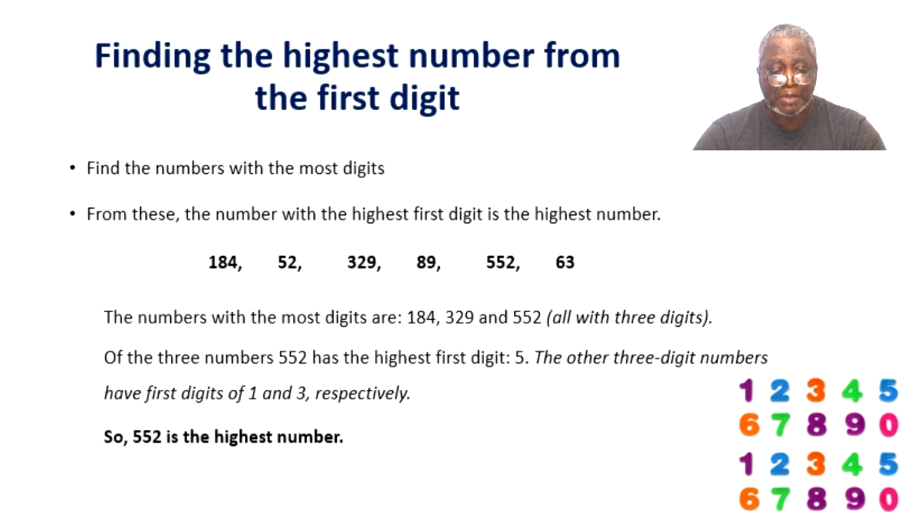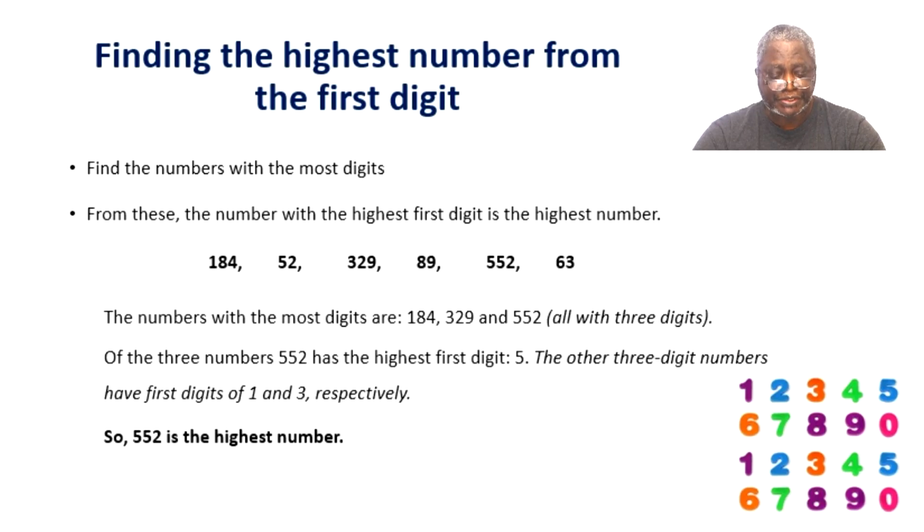From these, the number with the highest first digit is the highest number. So we have 184, 52, 329, 89, 552, and 63. The numbers with the most digits are 184, 329, and 552, all with 3 digits.